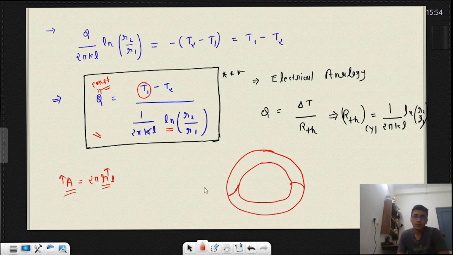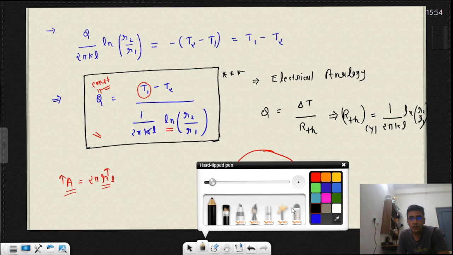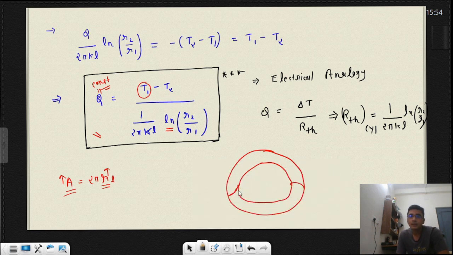Both are possible. Actually, this was an interview question which was asked to me in the BARC interview, where they asked me to draw the temperature profile. I drew it like this, and after that they asked me how do you say that this is a logarithmic profile, and how do you say that it will have a decreasing slope or an increasing slope? At that time I explained using the Fourier law of heat conduction.